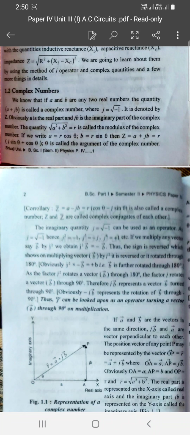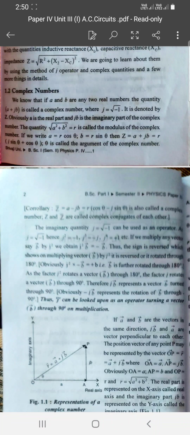If a bar and b bar are vectors in the same direction, then j b bar and a bar are vectors perpendicular to each other. It is shown in the present diagram.